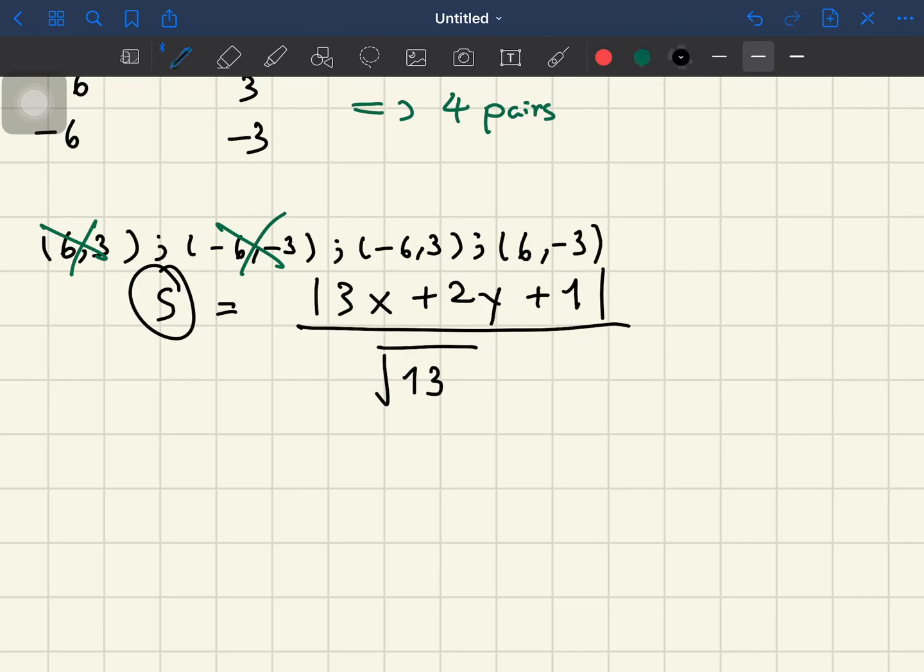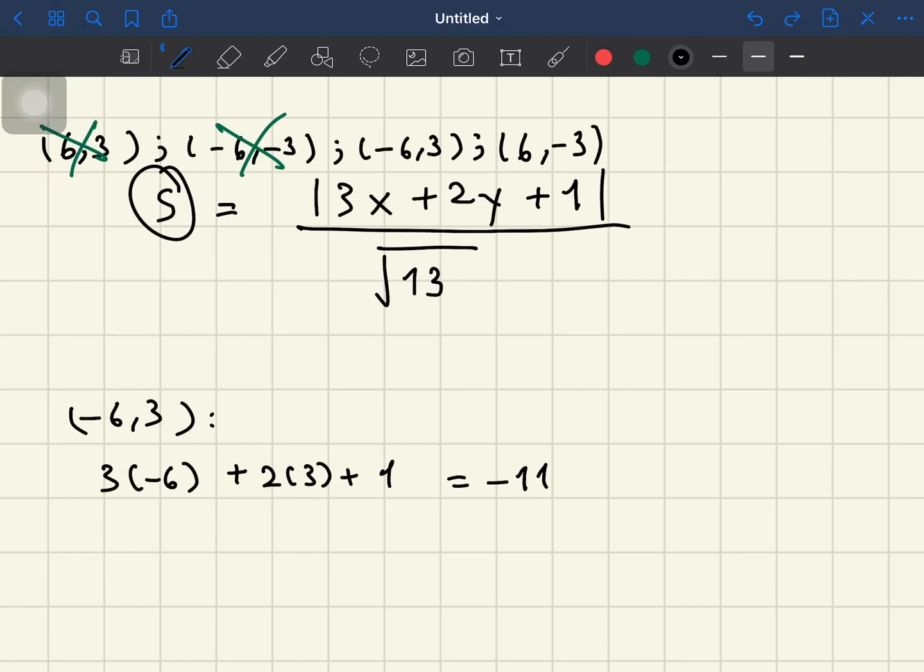So why don't we just try on that absolute side? We will have (-6, 3) in this case. The absolute value inside will be negative 6 plus 2 times 3 and then plus 1, and eventually, in this case, you will get negative 11.